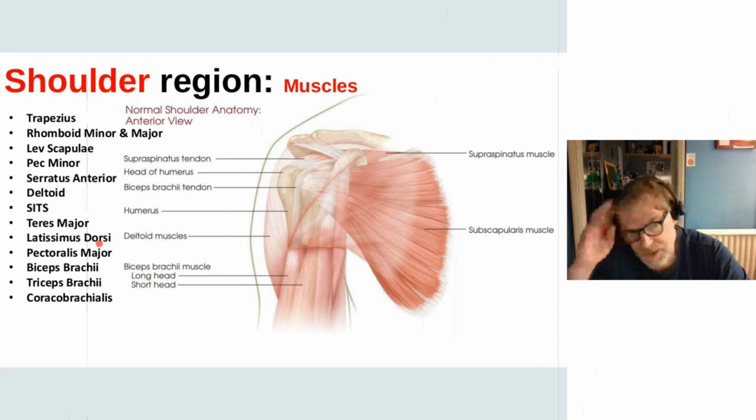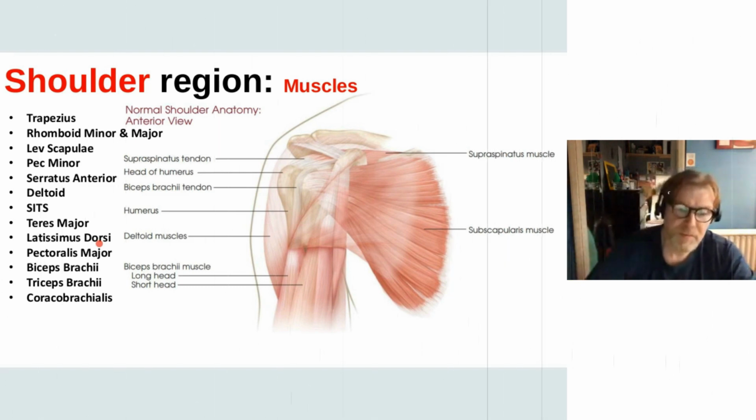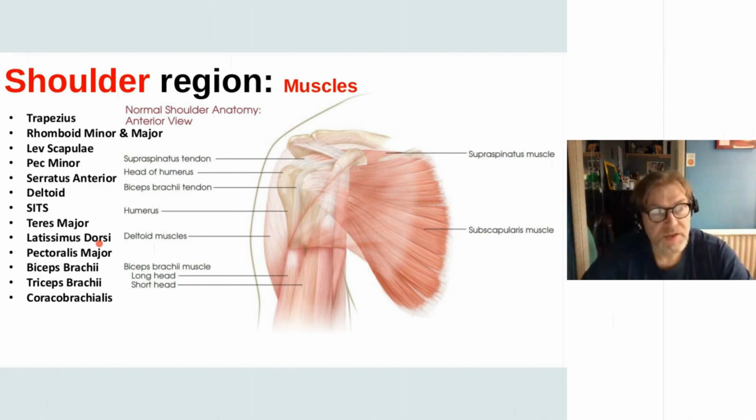And then triceps brachii on the posterior aspect of the arm has an attachment to the infraglenoid tubercle, and then two heads on the posterior humerus, either side of the radial nerve, and that comes down and inserts to the olecranon process. And then you've got the coracobrachialis, a very small muscle just at the side of pectoralis minor, and associated closely with biceps brachii. It just has an attachment to the medial third of the humerus.